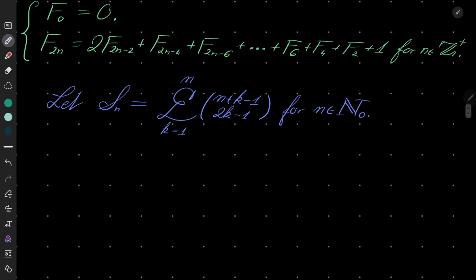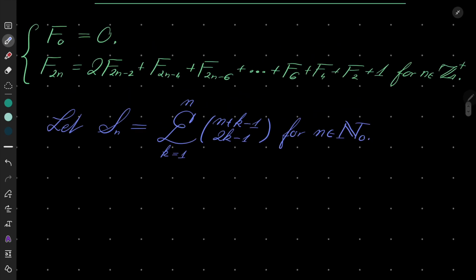So first, let's take a look at S of 0. S of 0 is the sum from 1 to 0 of n plus k minus 1 choose 2k minus 1.